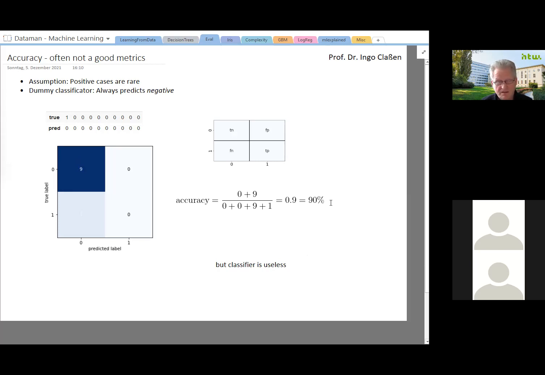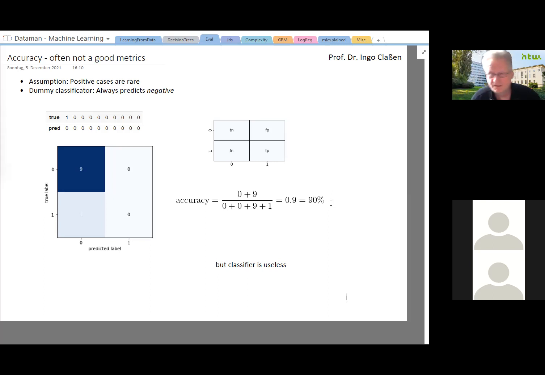So let's assume you have persons and you would like to predict a specific kind of cancer. When you predict has not cancer, and only one of 100,000 people has that cancer, you have an enormous accuracy, of course, but your classifier would be useless.